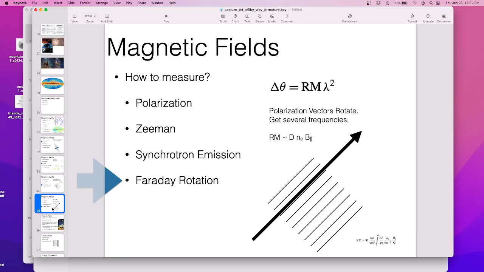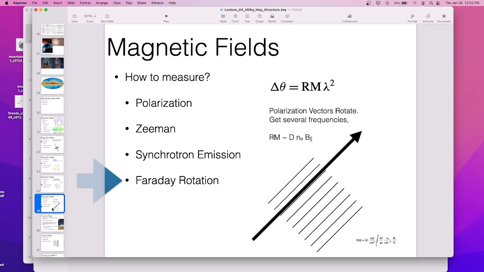So I can take my radio telescope and take a picture of a polarized source, like a quasar, and then I plot the polarization angle versus wavelength. Remember, radio telescopes let you measure a bunch of wavelengths at once. So I measure the angle versus wavelength, and I plot it. And I get a line. Actually, I plot it against wavelength squared, and I get a line.